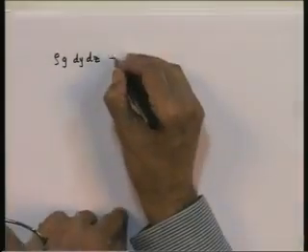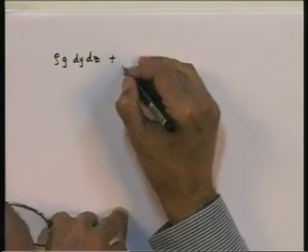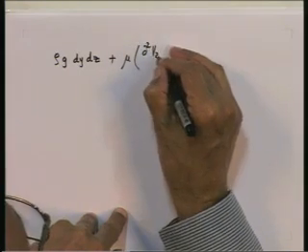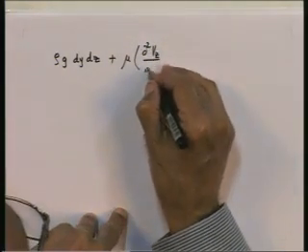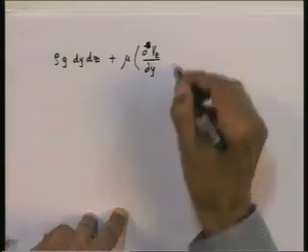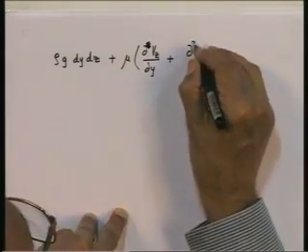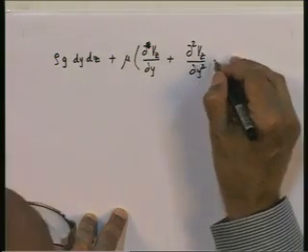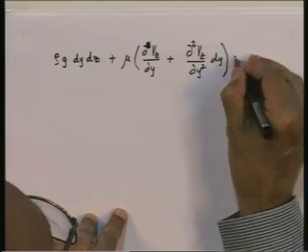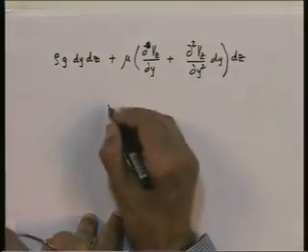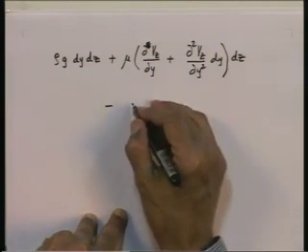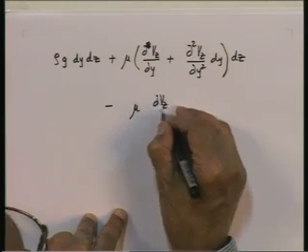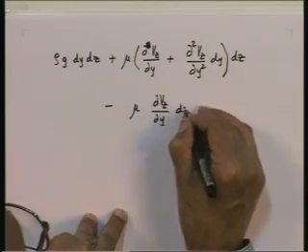plus the shear force in the positive direction, mu dvz dy plus d2 vz dy squared dy, multiplied by dz, minus the force which is acting in the negative z direction, that is mu dvz dy dz.